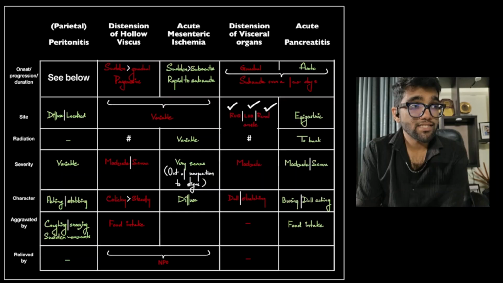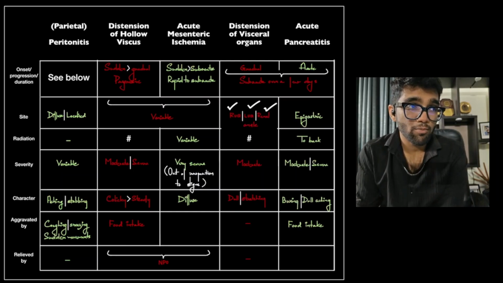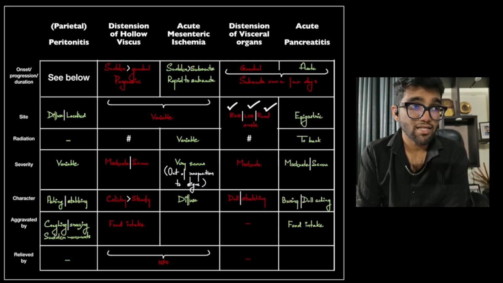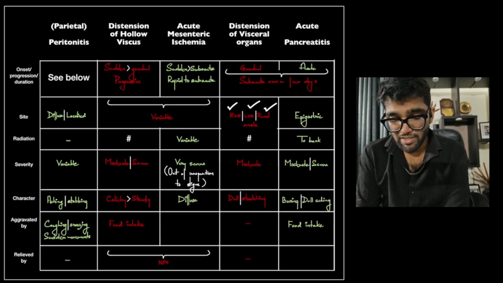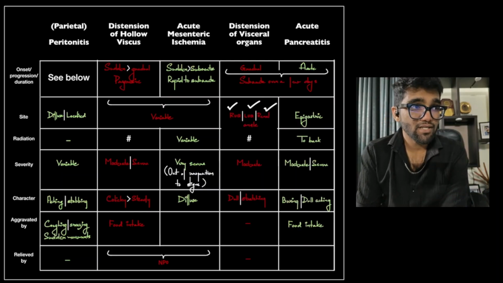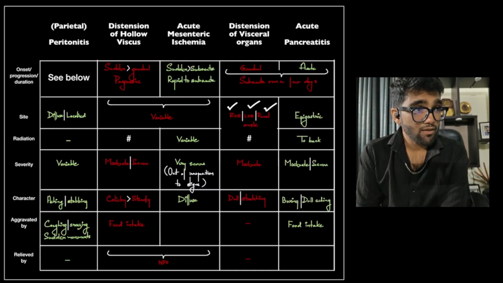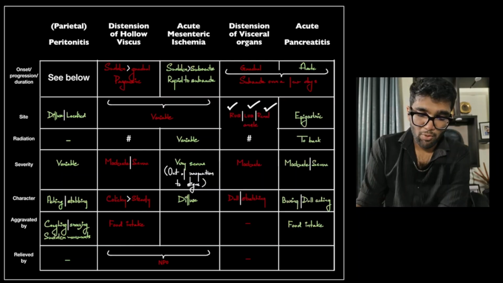Now, the relationship of food intake to aggravation of abdominal pain is something on which a lot of emphasis is placed in differentiating between gastric ulcers and duodenal ulcers, and we'll be discussing that under peptic ulcer disease, but it is very rarely that clear cut and cut and dry. So I don't find that very clinically useful in differentiating causes of abdominal pain.